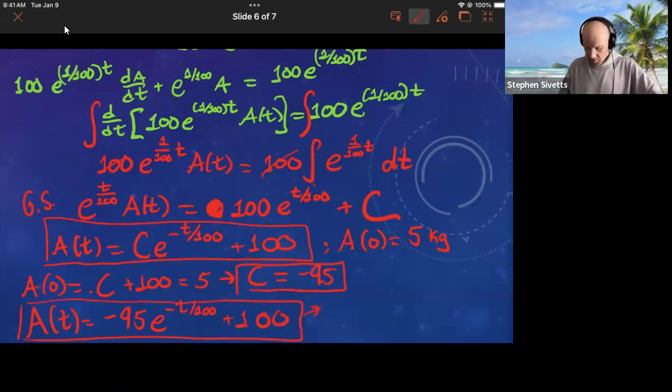And then to figure out the weight of the salt at 10 minutes, A of 10, just plug in t equals 10 into your particular solution here. And then you should be able to get what I got, which was about 14.03 kilograms.